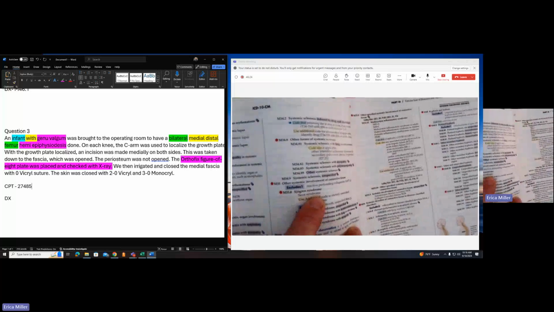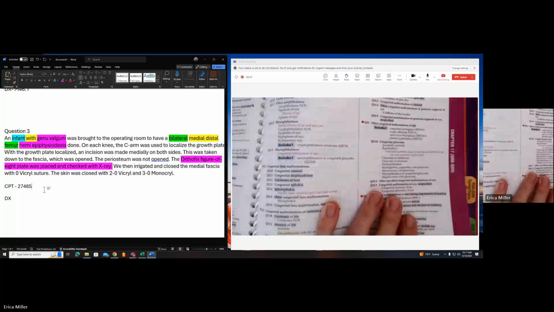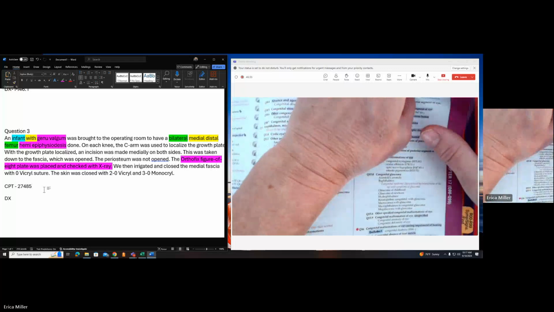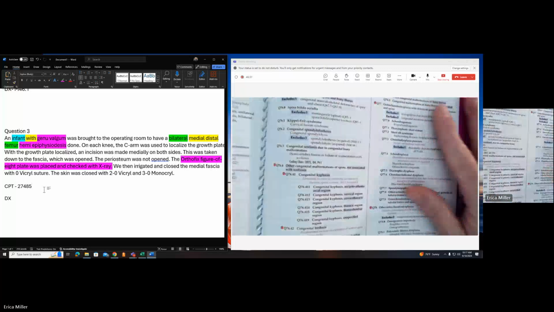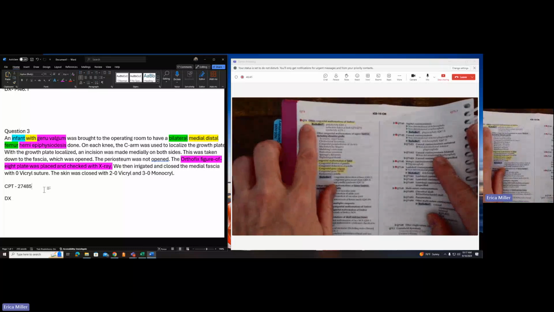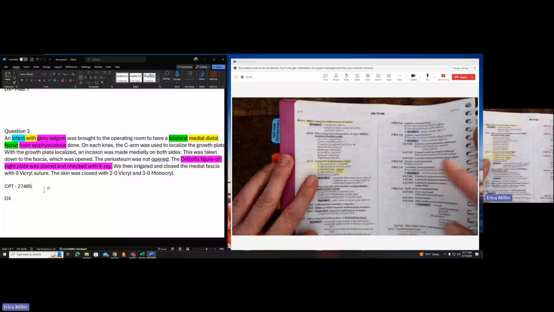Probably easier for me to work this way since it's towards the back. Awesome. There we are. Q74. Let's make sure to always read our excludes notes or any additional instructional notes.